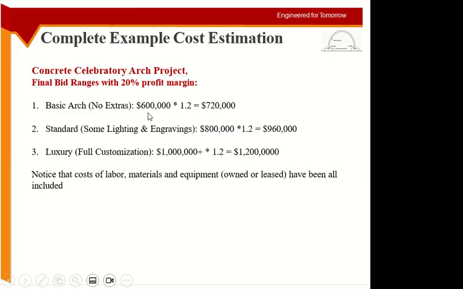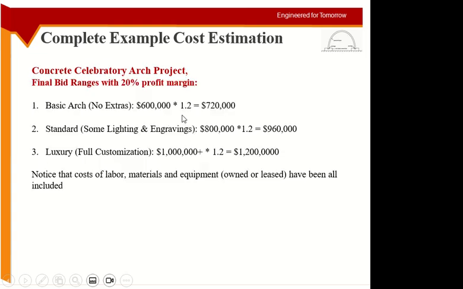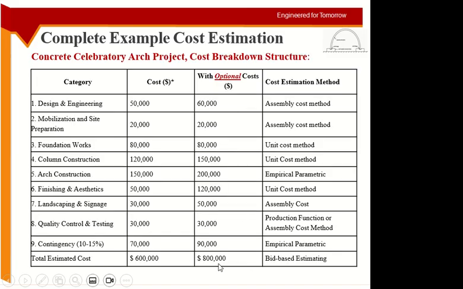Okay, so the actual cost is this much, 600,000 is the actual cost. If you add 20% of profit margin, it becomes this much. If you are adding the extra items, the extra items will make the cost up to 800,000.